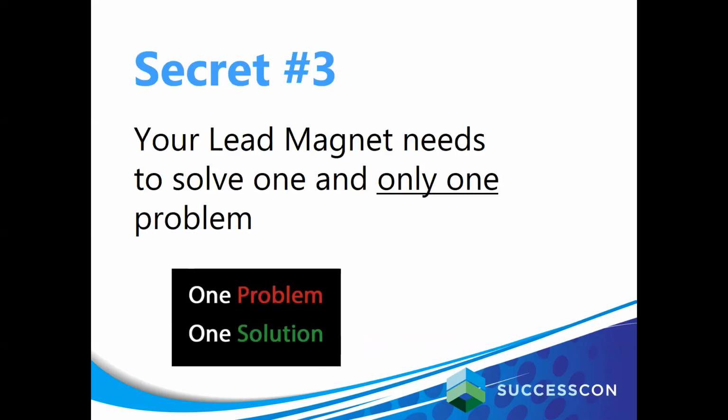There are so many things we can talk about and tangent off, and we know so much about our business. It's really easy to go in one direction and then off into another. It's really important that your lead magnet is focused and will only solve one problem that the customer has.